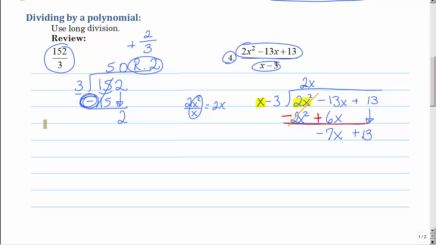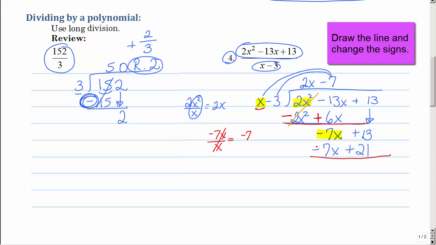Then we're going to repeat that process. We're just going to divide those first terms. We're going to divide negative 7x by x. We're still looking at that. And of course, that's negative 7. So we're going to put minus 7 on top, and we're going to multiply by what's in front. And we're going to draw the line and change the signs and add.